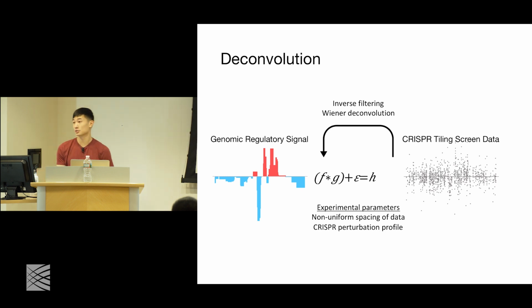Because our data points are non-uniformly spaced, and we want to preserve this information because we think it's important, as I'll outline downstream, we don't want to interpolate our signal and then draw from it. So the experimental parameters that we want to explicitly highlight in our method are that we want to preserve the non-uniform spacing of data, and we also want to allow for CRISPR perturbation profiles to change depending on the types of experiments that you perform.